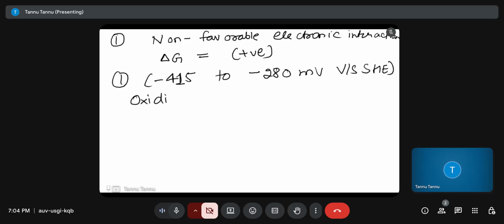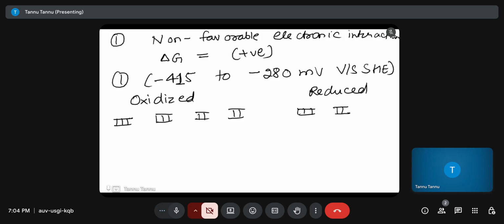So in oxidized form and in reduced form, you have four irons, out of which two are in three, two of them are in two oxidation state, and in reduced one, one is in three, and all other three are in two oxidation state.